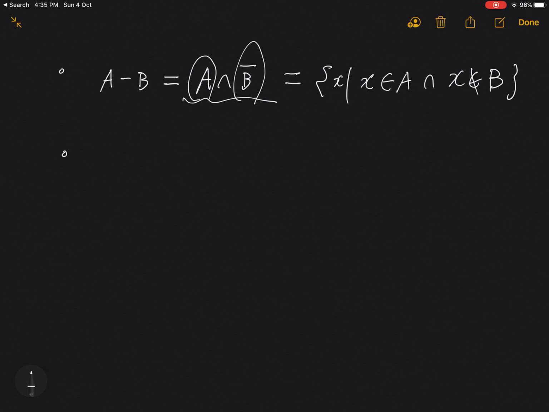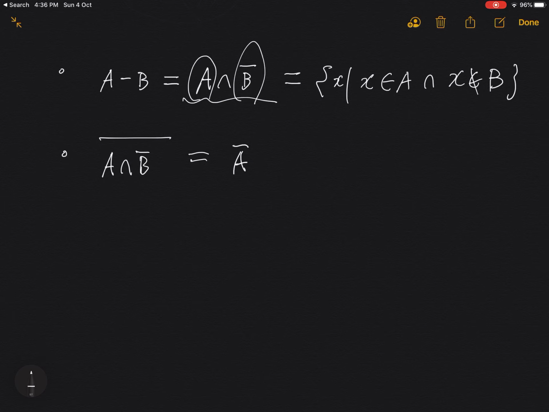And then if we have a complement of the intersection of A and the complement of set B, we can just use something like De Morgan's law to simplify this expression. We just take the complement as a negation inside.